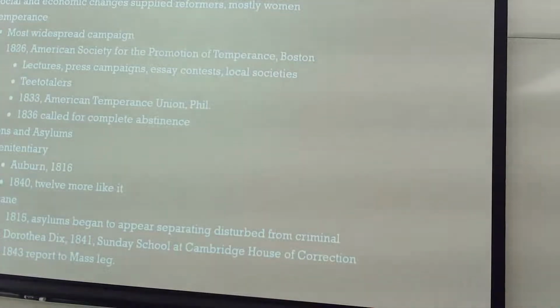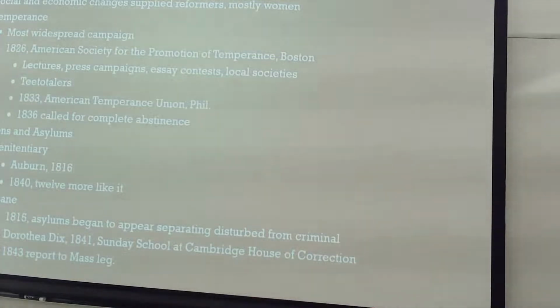But they did bring them home, or they ended up in prisons, or they ended up in almshouses or homeless. By 1815, asylums are started that begin separating the disturbed from the criminal. And a lot of this comes from the actions of a lady named Dorothea Dix.